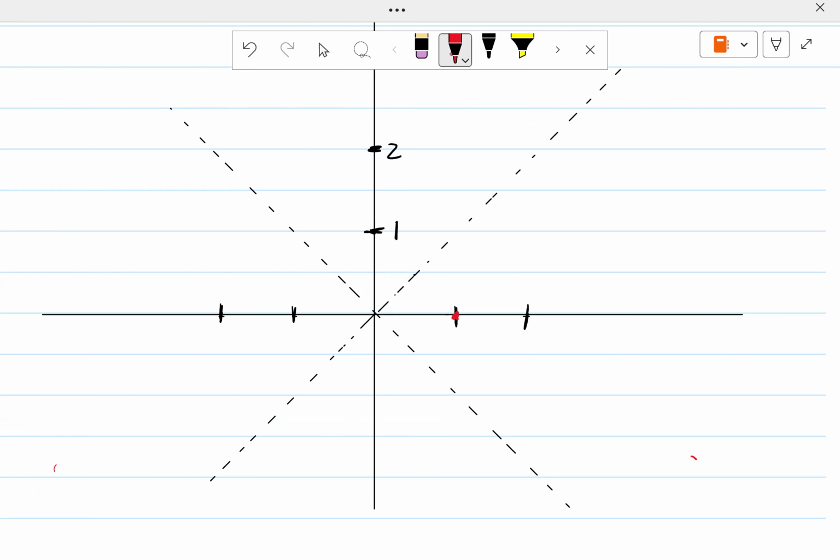So at 45 degrees, I'm going to go out. Radical 2 would be 1.4, which would be this point right here, 1.41. But we're going to go a little bit further to 1.7.